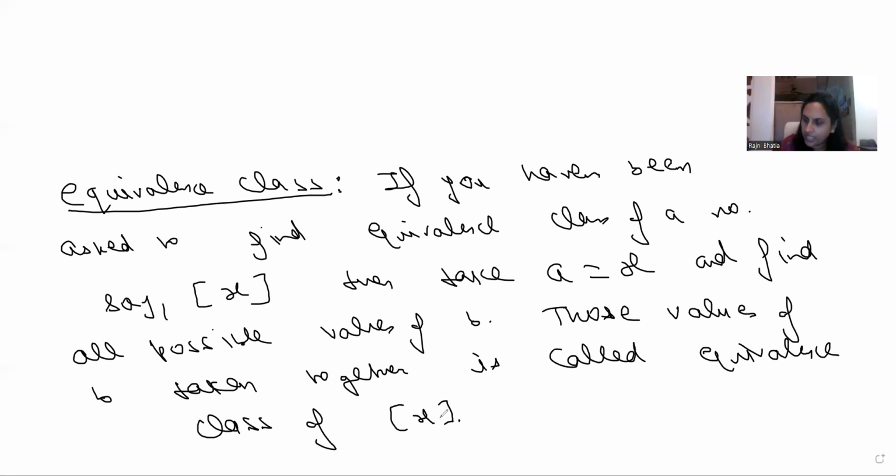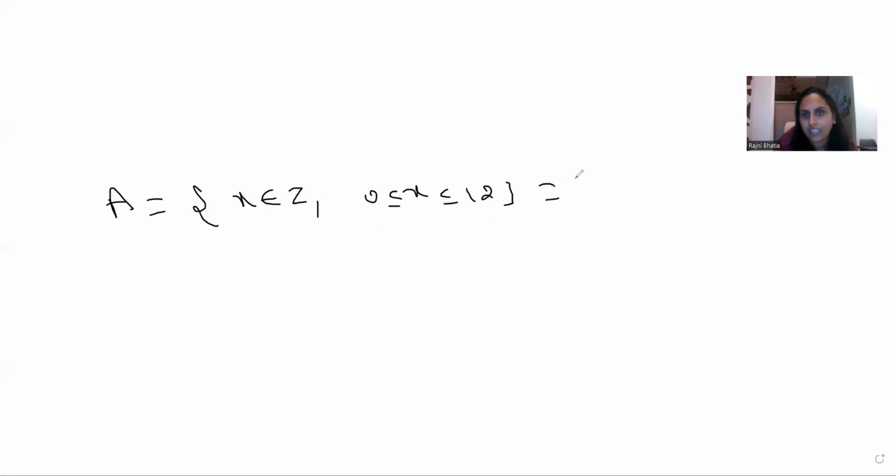Now I'll give you one more example about it. Suppose the question is that A is a set given by x is an integer, x lies between 0 and 12. So I can clearly say that A is the set 0, 1, 2, and so on up to 12.